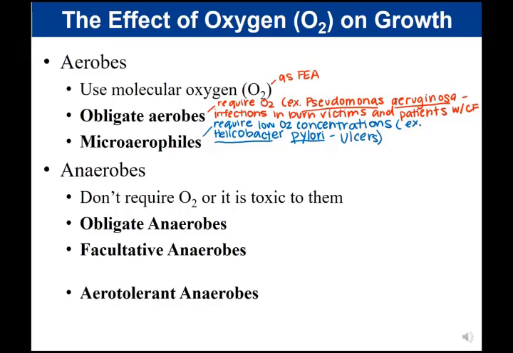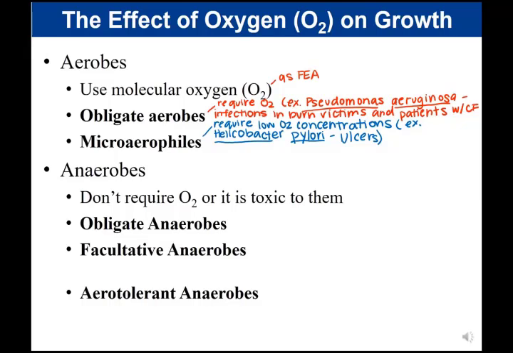Gonorrhea is a sexually transmitted infection. And this bacteria is a microaerophile. It needs a low concentration of oxygen. And so this bacteria is going to be found on the opening of the urethra. So it's not in full contact with oxygen. It's not fully anaerobic, but it has a very low concentration. And so that would be an example of a microaerophile.